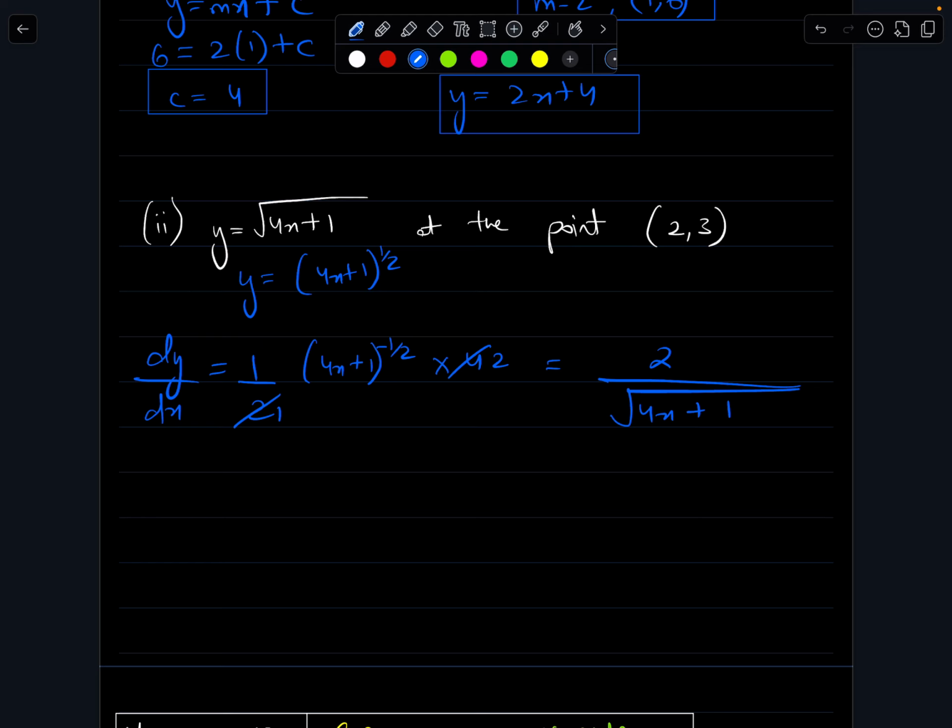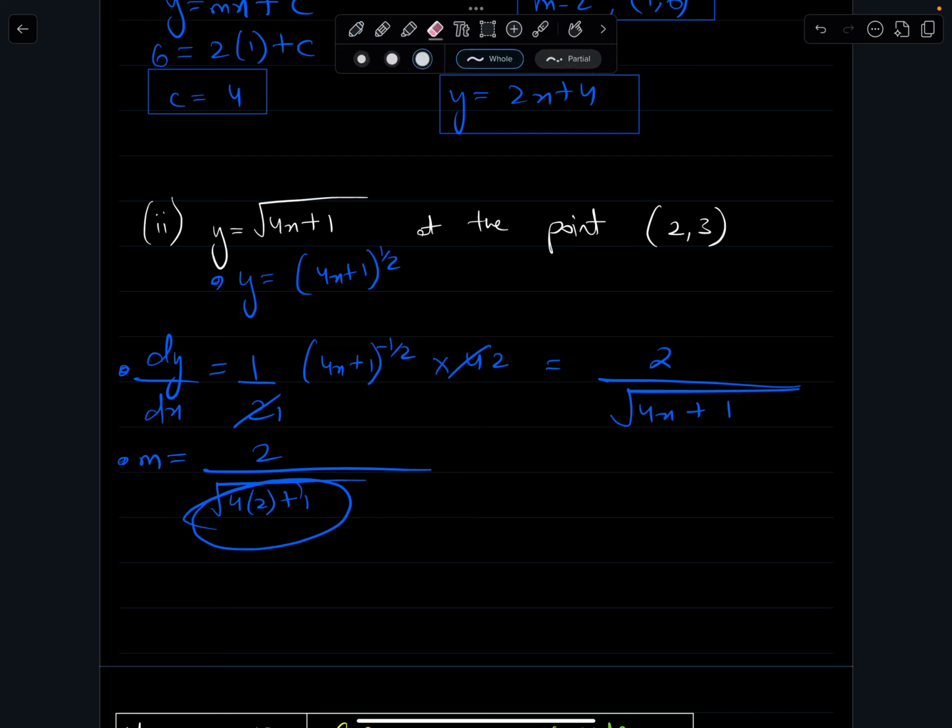Now, substitute the value of the x coordinate, and thus we will have the gradient at that particular point. So this turns out to be 9. Square root of 9 is 3, and the gradient turns out to be 2 over 3.